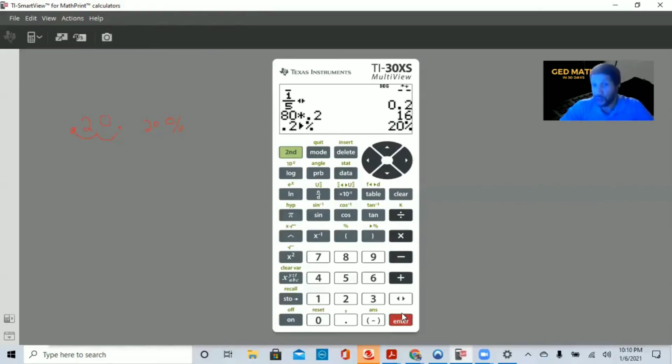They usually use either some type of commission or some type of sales tax or tip at a restaurant. But watch this. So 20%, second, to add that percent sign, times 80. If you notice, we didn't have to change it to a decimal. We just put the 20% in and multiplied it by 80.